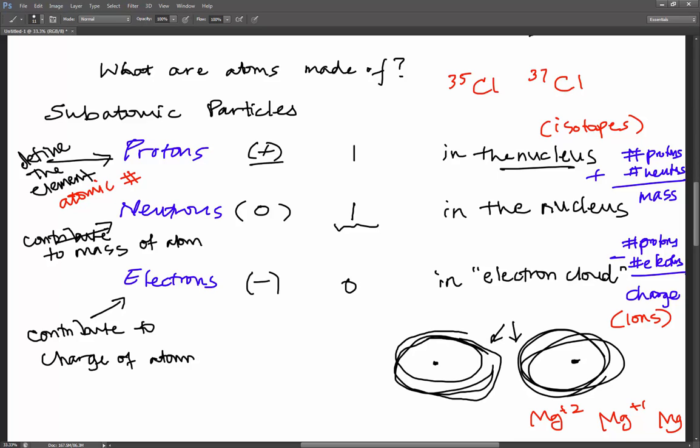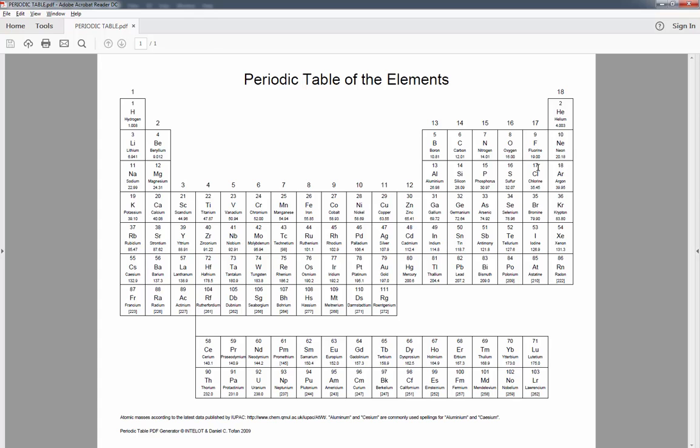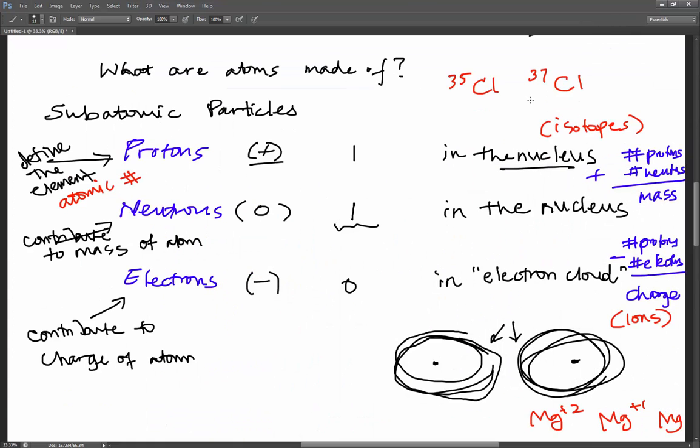And you can see by your periodic table, for instance, that chlorine has an atomic number of 17. That means it has 17 protons. So if I have 17 protons but a total mass of 37, that means I must have 20 neutrons.